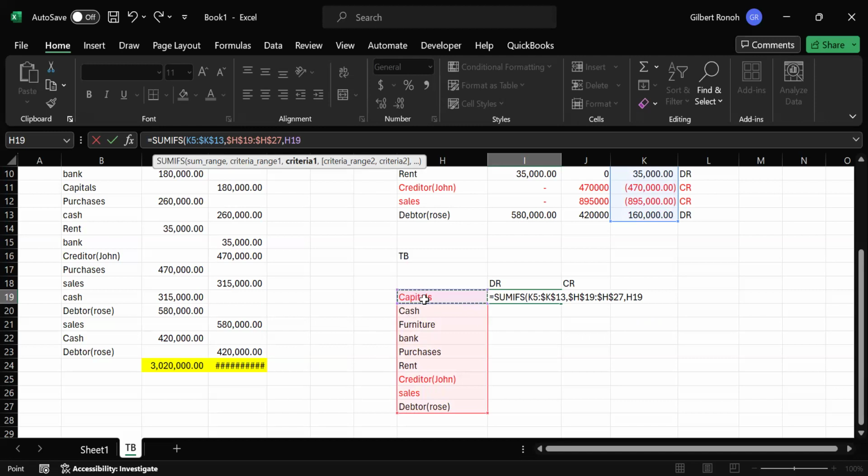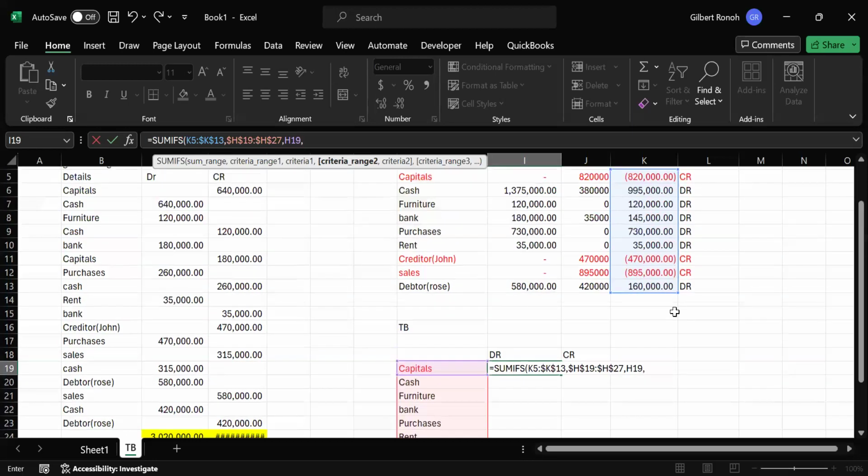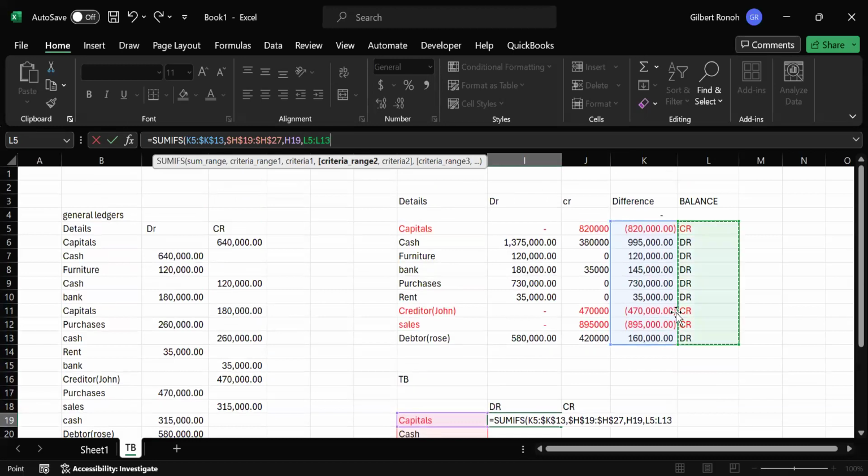And that comma. The second criteria range is this. The second criteria range is that. Locked also, comma. Then the criteria is this.